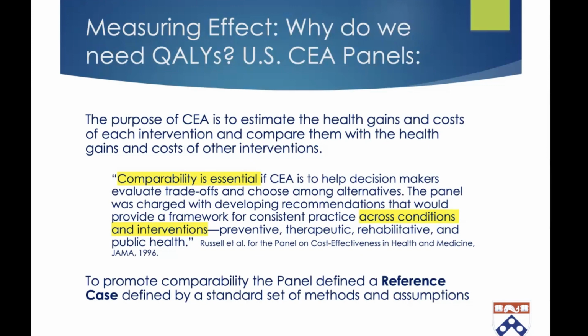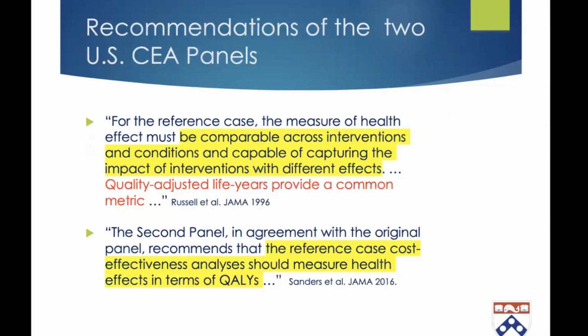The reference case recommended a standard set of methods and assumptions. And the recommendation for the reference case, your base case, is that the measure of health effect must be comparable across interventions and conditions and capable of capturing the impact of interventions with different effects. Quality adjusted life years is the recommendation.